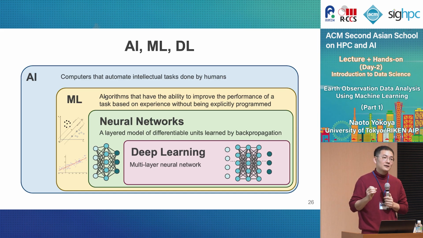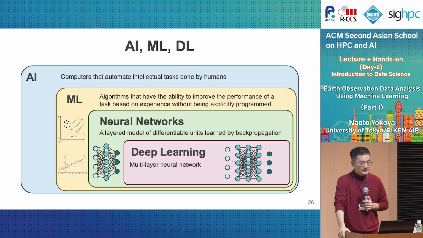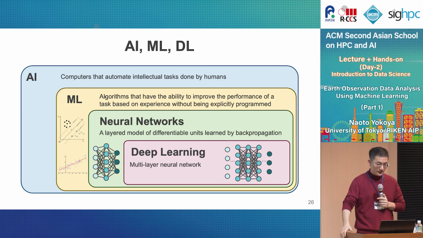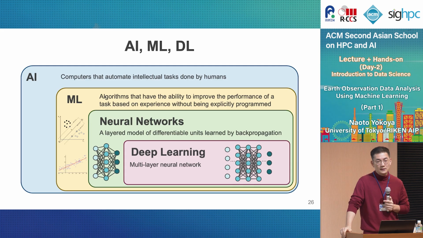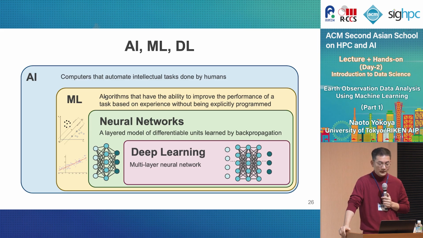One of them is based on neural networks, and for neural networks there are so many models. A neural network is a kind of layered model of differentiable units. If the number of layers is quite large, we call it a deep neural network or deep learning.